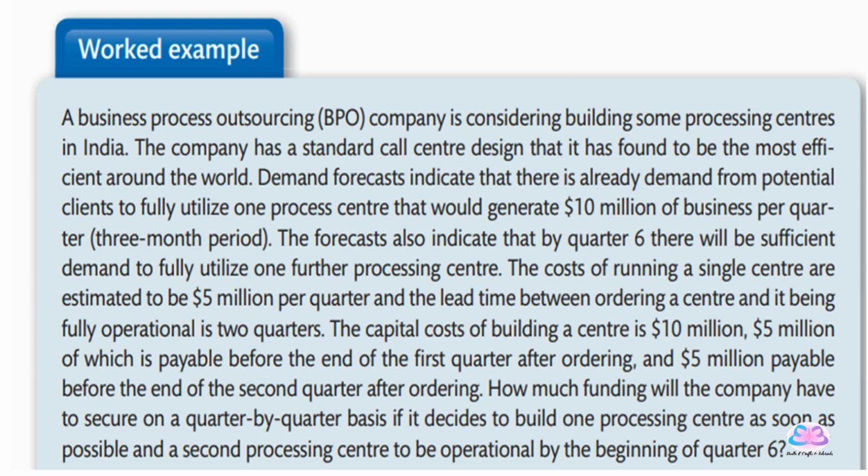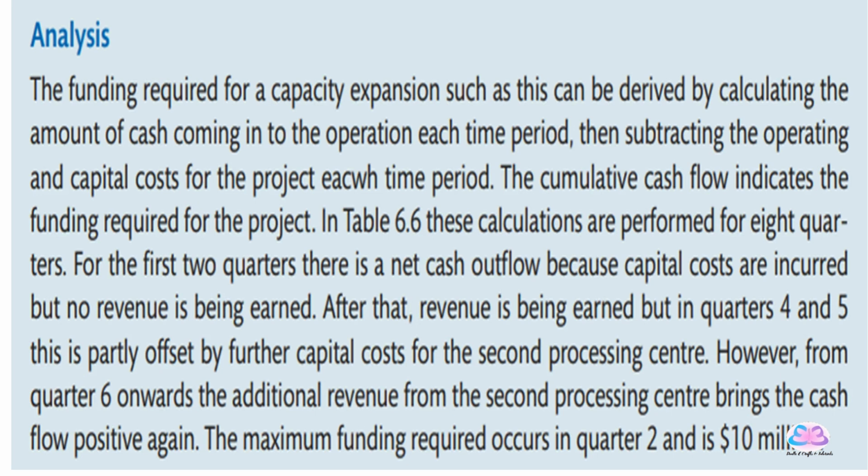How much funding will the company have to secure on a quarter-by-quarter basis if it decides to build one processing center as soon as possible and a second processing center to be operational by the beginning of quarter 6?